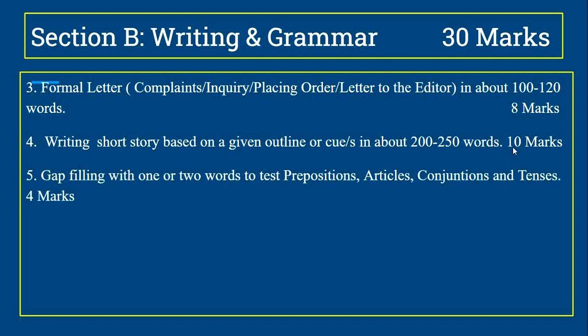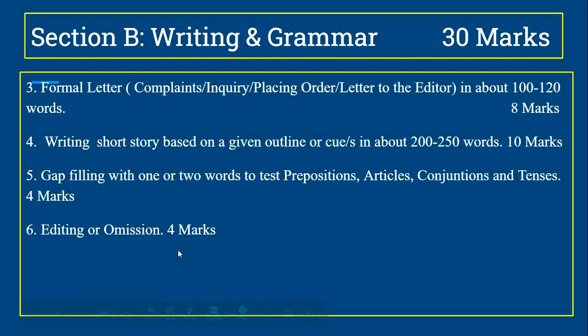Question number 5 is from the grammar section, gap filling with 1 or 2 words to test prepositions, articles, conjunctions and tenses, and there will be a total of 4 gaps, and each gap carries 1 mark, so total 4 marks. Question 6 is about editing or omission. Here also a total of 4 errors will be given to you, and you have to correct these errors.